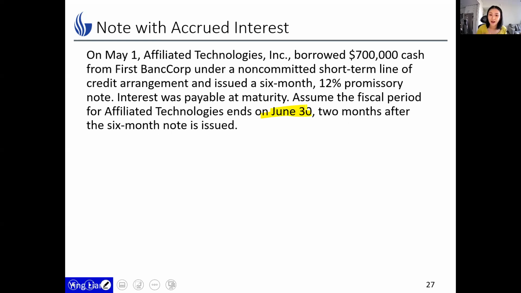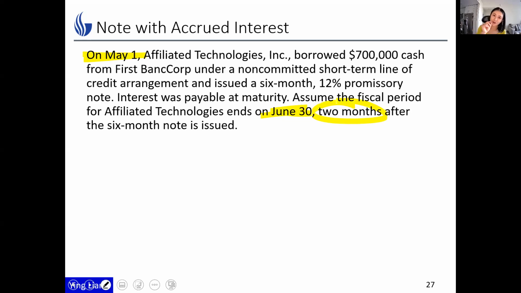They borrowed money on May 1st, and now it's June 30th. This is the financial reporting date. So after 2 months, you have to adjust entries, but you haven't paid the principal or interest yet.